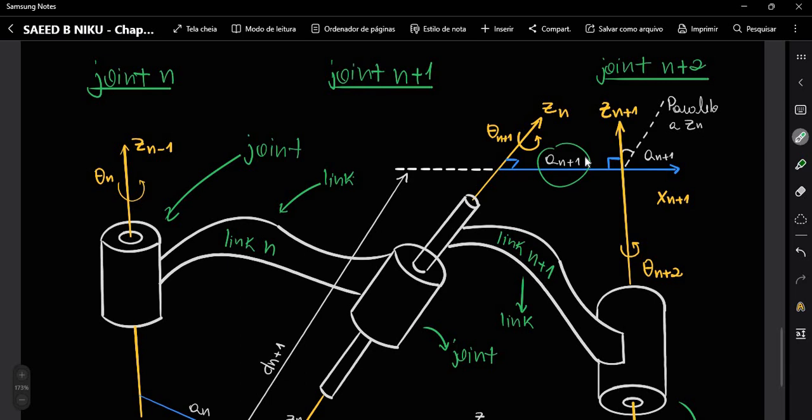Sorry for this delay in pronunciation, but it is n in index n plus 1, so it is An plus 1, and similarly, X in index n plus 1, so it is Xn plus 1. Okay.